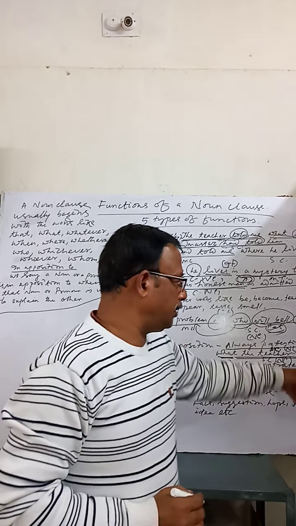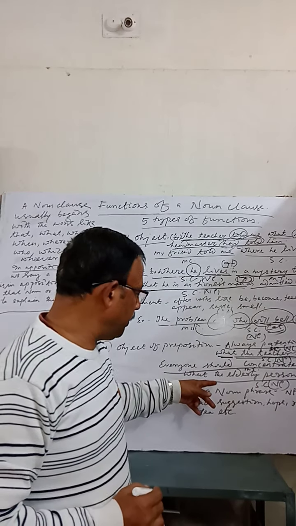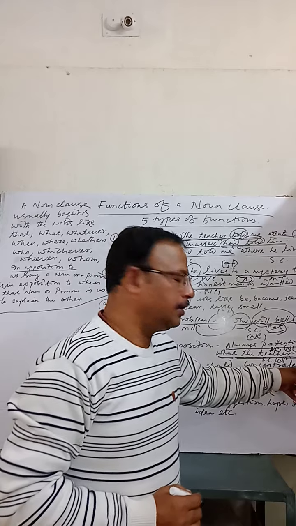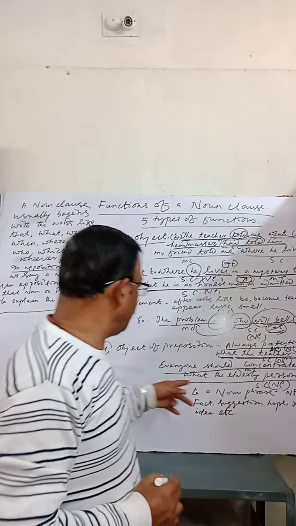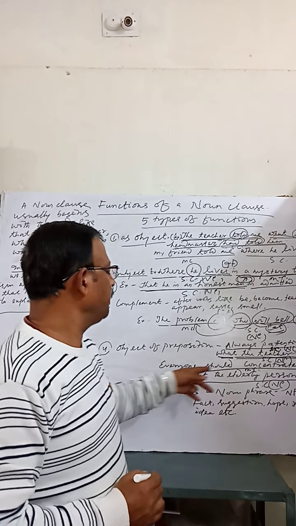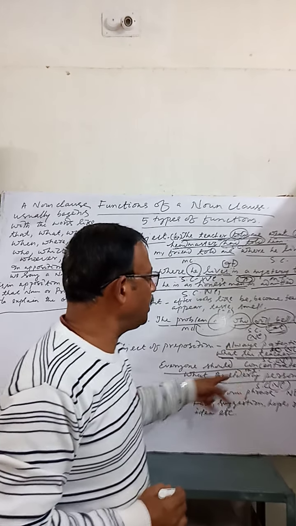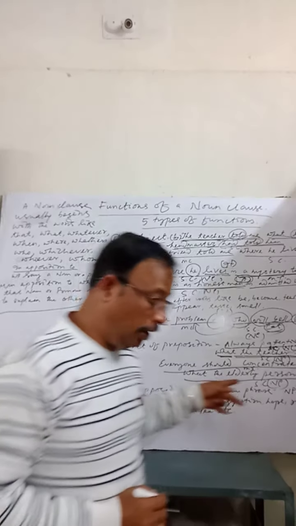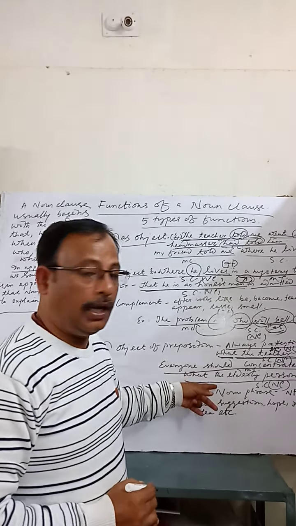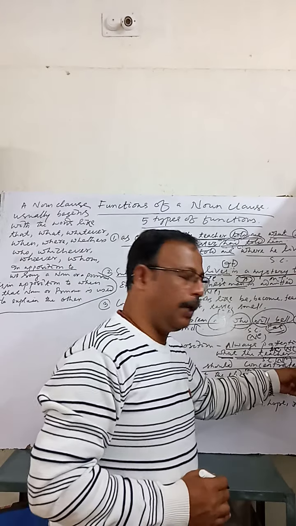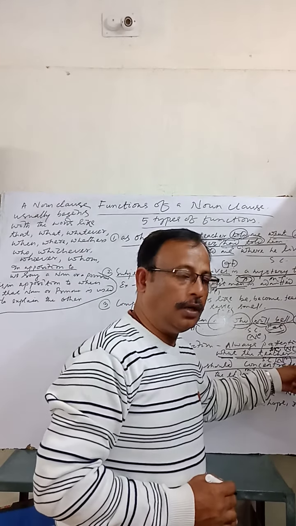The preposition is on, and the subordinate clause that is used as a noun clause here comes after this preposition on. And if we ask the question again, everyone should concentrate on what? The answer is what the elderly person says. So this has become the object. So it is an object used after the preposition on.